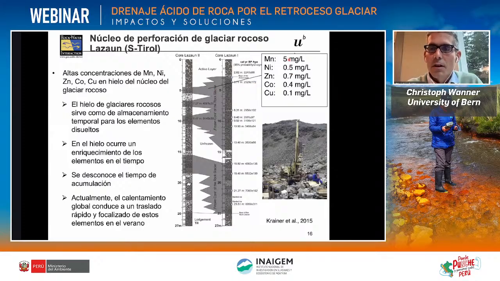And these concentrations refer to the concentration here in the solid ice. And if you pay attention, you see that the very same elements for which we see elevated concentrations in our stream show also elevated concentrations in the ice of these rock glaciers.